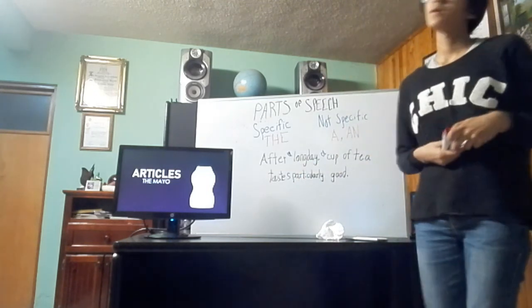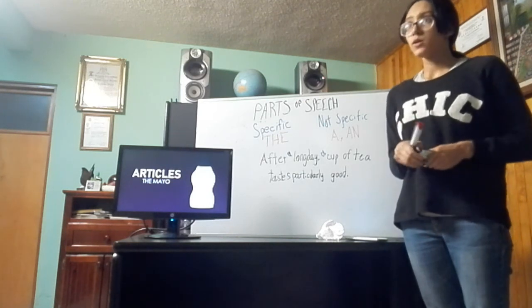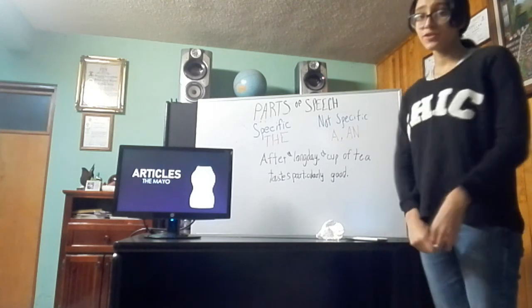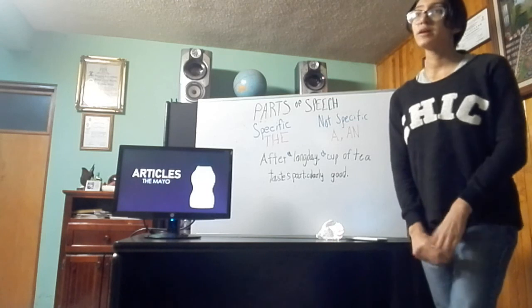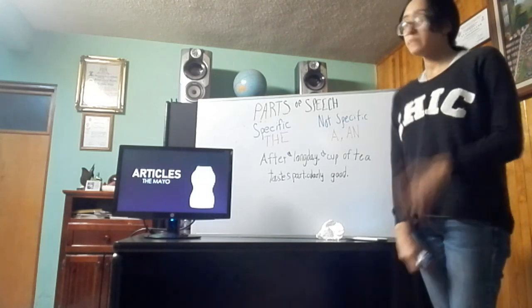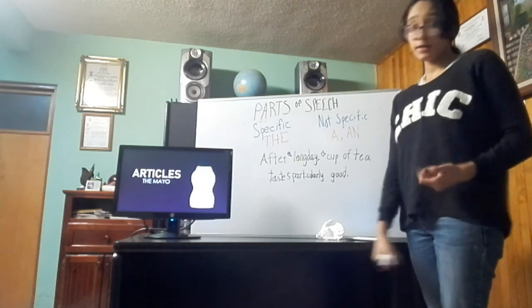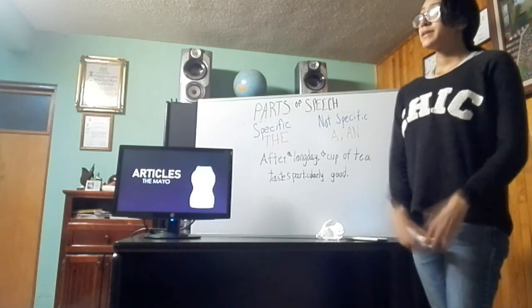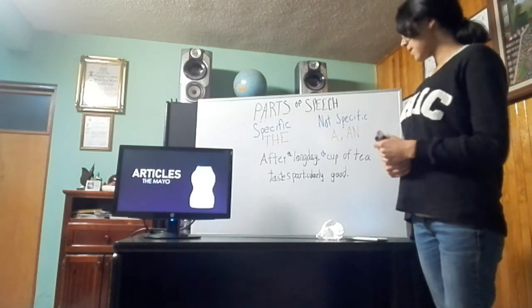In this case, we're not being specific about the day or which cup of tea. We're just saying that after a long day, maybe when you're tired and you did a lot of work, a cup of tea could make you feel better. You're not specifying when or what kind of tea. You're just saying that it could help you get better.